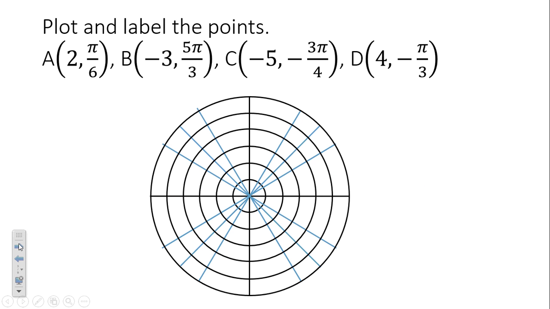And I'm going to ask you to do this a little bit out of order. We're going to start with A. So I want you to plot 2 comma pi over 6. So we're looking for a point that's 2 out with a directed angle of pi over 6 counterclockwise from our pole.